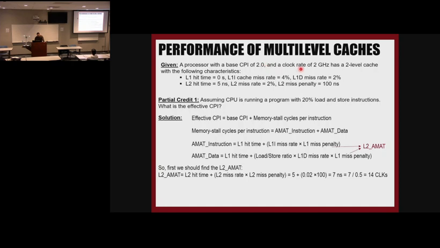So we have a clock rate of 2 gigahertz. 2 gigahertz is equal to 0.5 nanoseconds. If you don't know how to do the conversion, make sure you practice it enough. Just divide 1 by 2 gigahertz and you get 0.5 nanoseconds. So if you divide 7 by 0.5 nanoseconds, you get 14 clocks. So now I have the L2 AMAT, which is equal to 14 clocks.